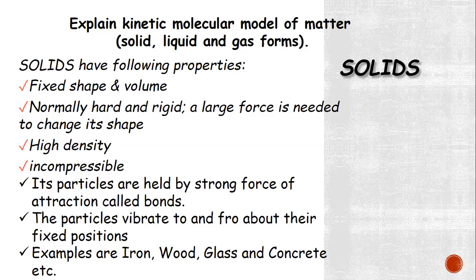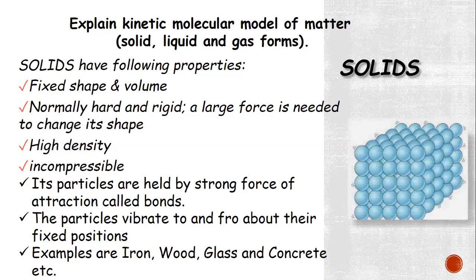Their particles are held by a strong force of attraction called bonds. The particles vibrate to and fro about their mean position. They are not free to move from one place to another, but they have a fixed position and vibrate about that only. Examples are iron, wood, glass, concrete, etc.